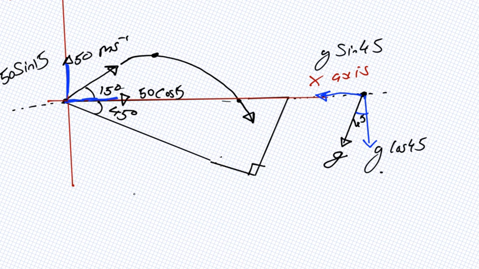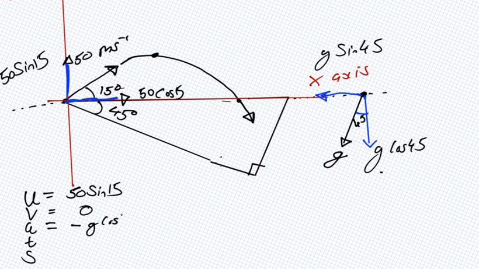And the question is, what is the time taken to reach the maximum height? So this is the usual UVATS. The u is 50 sine 15, the v is 0, the a is minus g cos 45, which is minus g over root 2. The t is what we want, and the s we don't know and is also what we want.